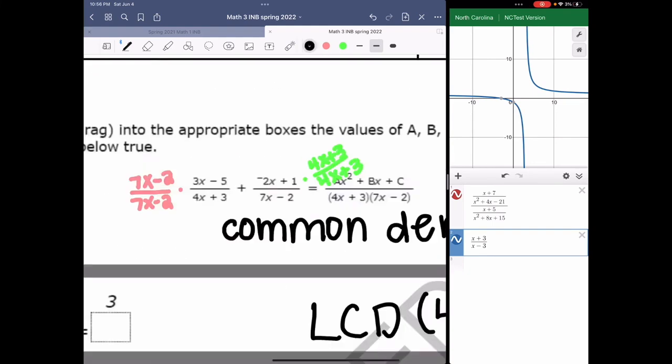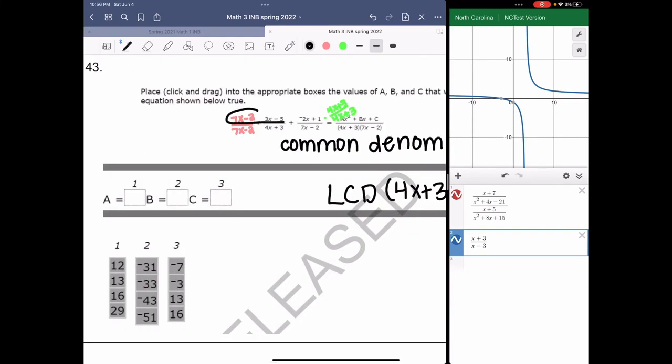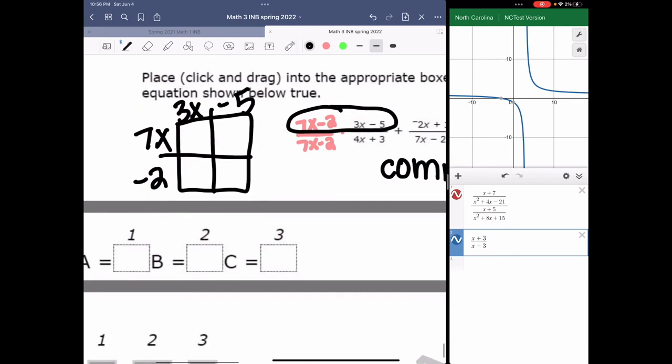So first thing I need to do is multiply that. If you need to use your box method to multiply, please do. If you don't, then no worries. Just multiply it like you normally would. In this situation, I'm going to get 21x squared, negative 6x, negative 35x, and positive 10.